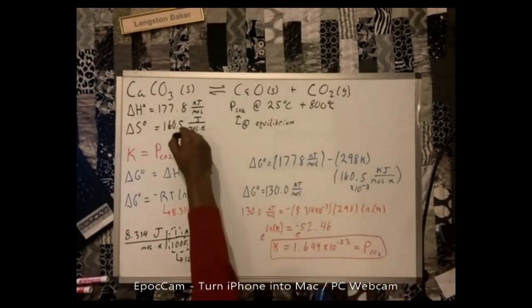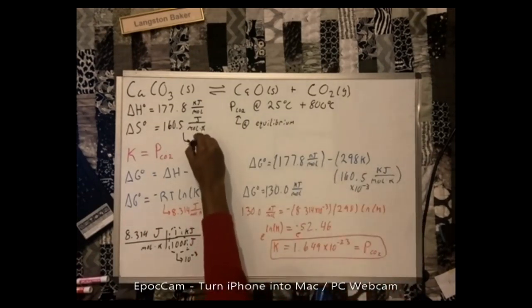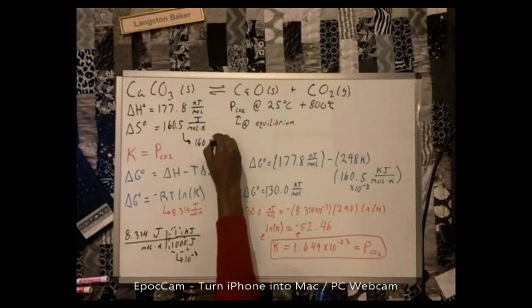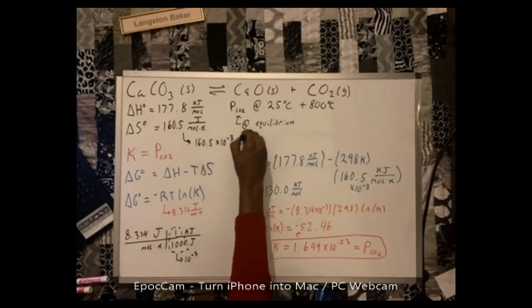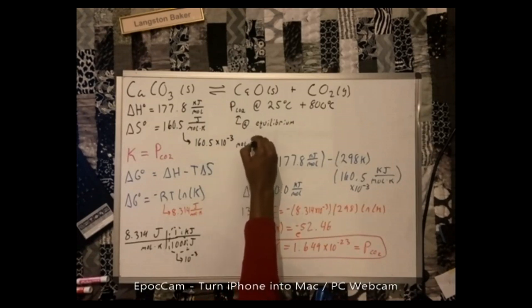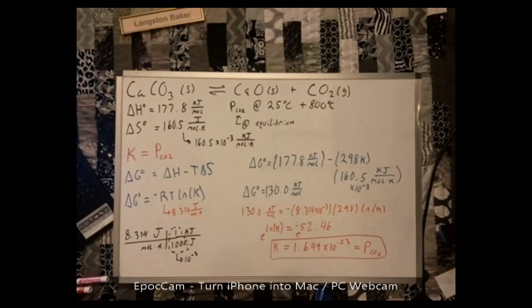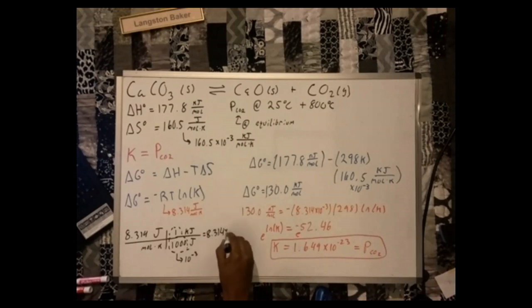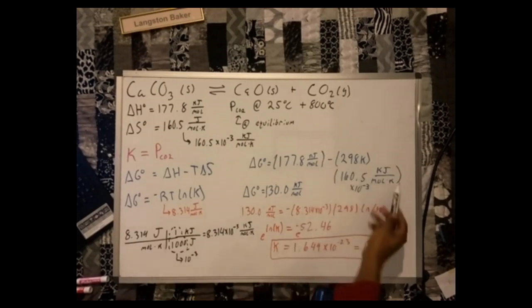I needed to convert that to kilojoules, so I did 160.5 times 10 to the negative 3 kilojoules per mole Kelvin. So this is 8.314 times 10 to the negative 3 kilojoules per mole Kelvin. Okay, cool. I'm just doing that to make my units match.